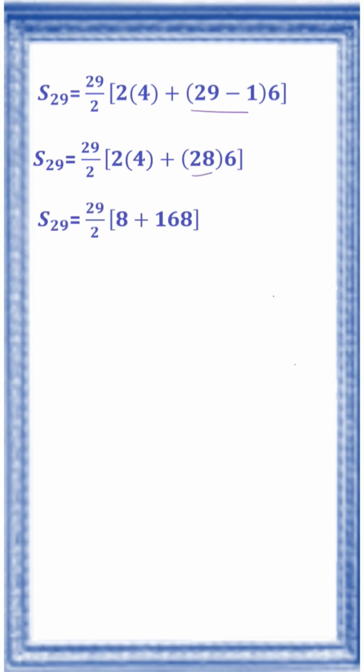So it is equal to 2 into 4 is 8, 28 into 6 is 168. 29 by 2, 8 plus 168 is 176. 176 by 2 is 88.